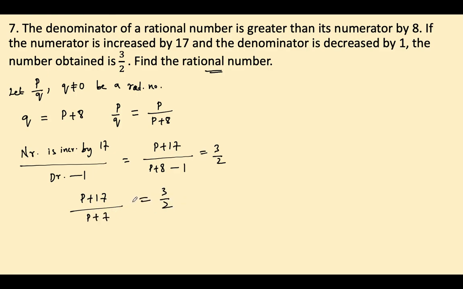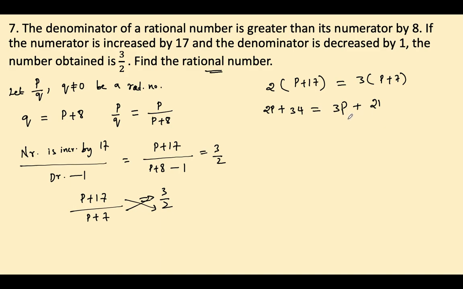So to solve this, let us simply cross multiply. When you cross multiply, you get 2 times p plus 17 is equal to 3 times p plus 7. Let us expand this now. 2 times p plus 17 is 2p plus 34, is equal to 3p plus 7 3s are 21. Okay.